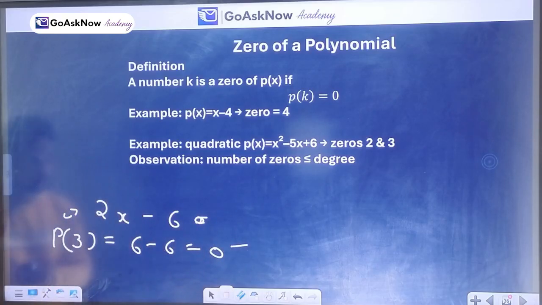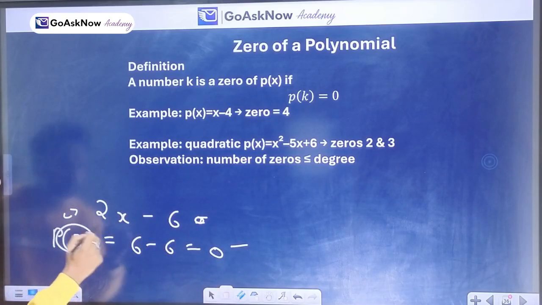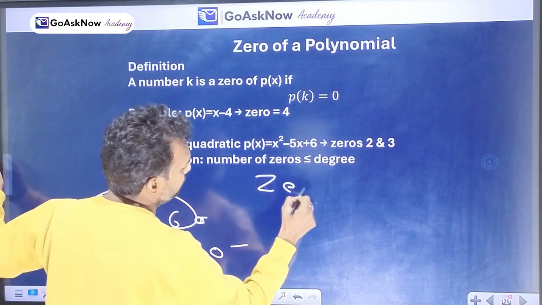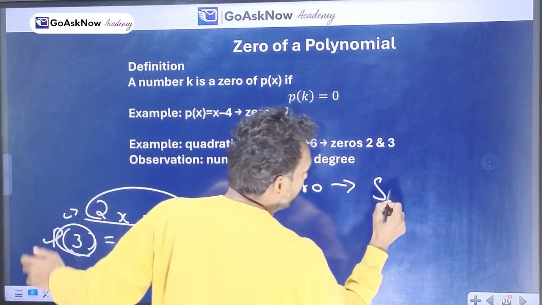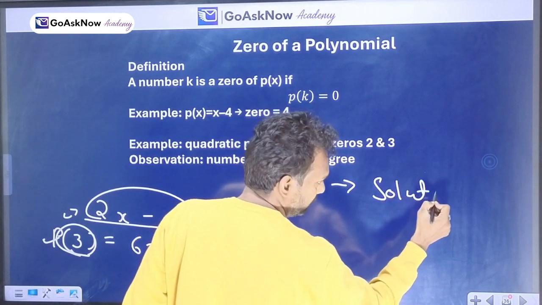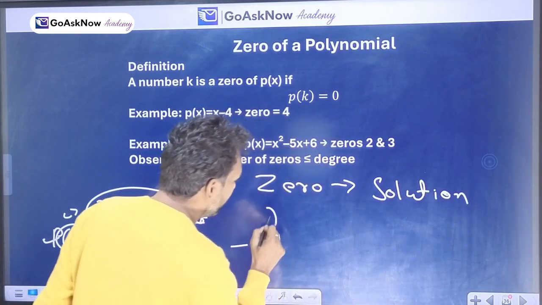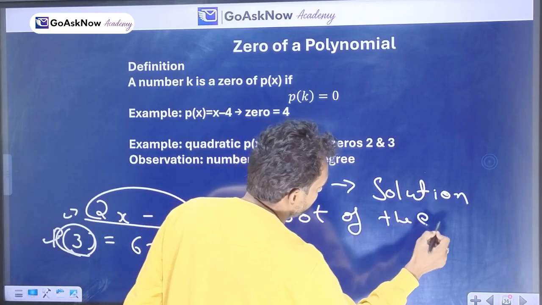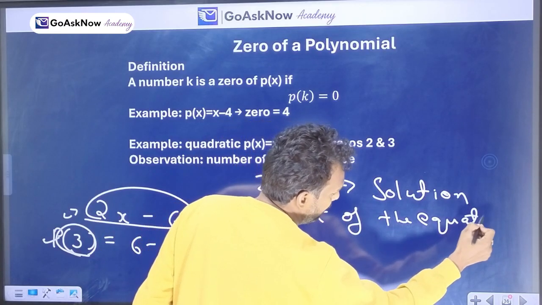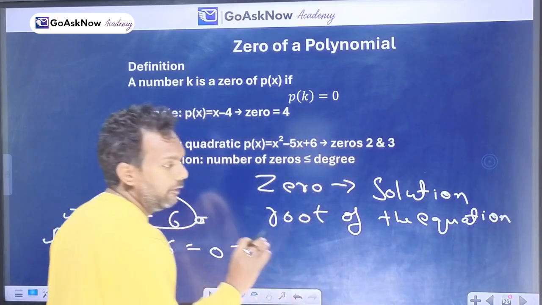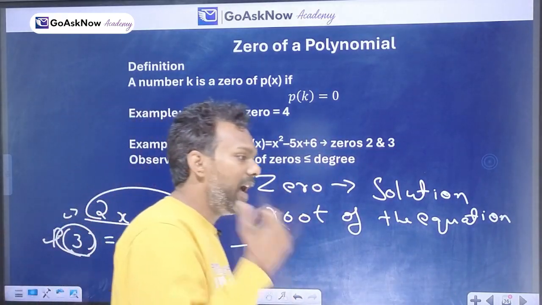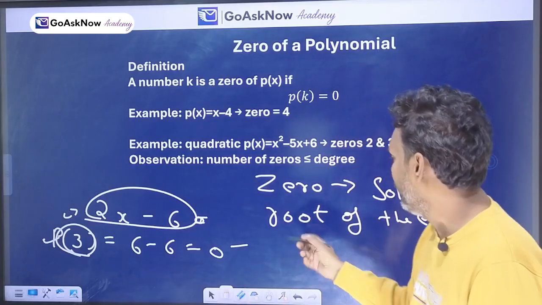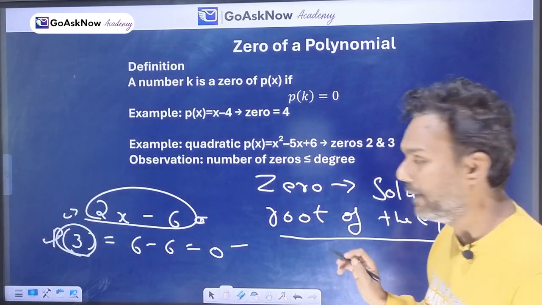Then I will say that 3 is the zero of this equation, and this zero is also known as the solution of the equation or the root of the equation. Sometimes when we are asked to find the value of x, we are also finding the root of the equation.